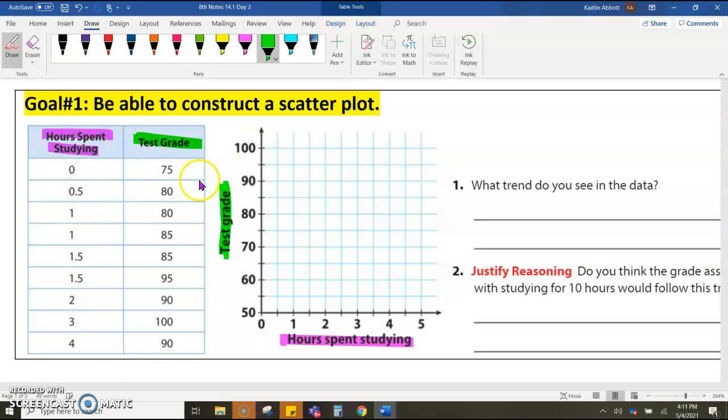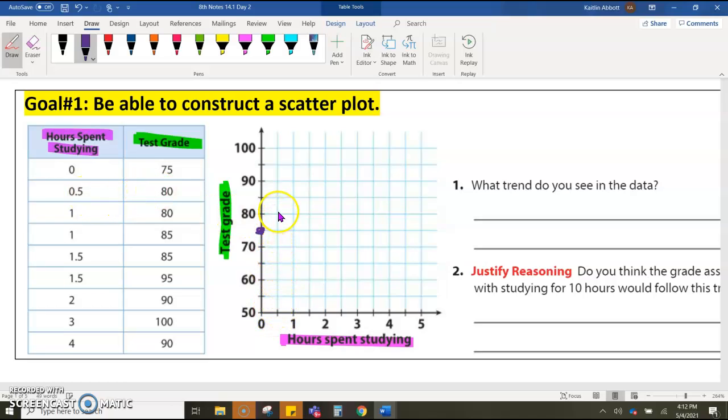So let's plot hours spent studying and test grades. Let's get a color. 0 hours spent studying, they got a 75. So 0 and 75. Half an hour studying, they got an 80.